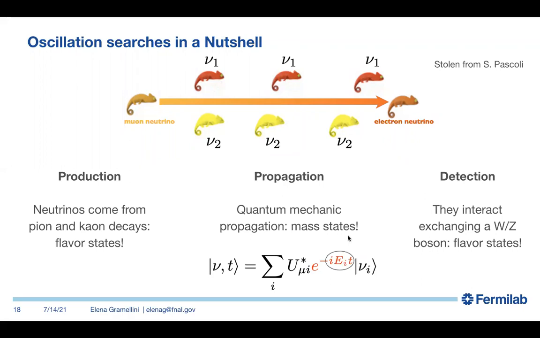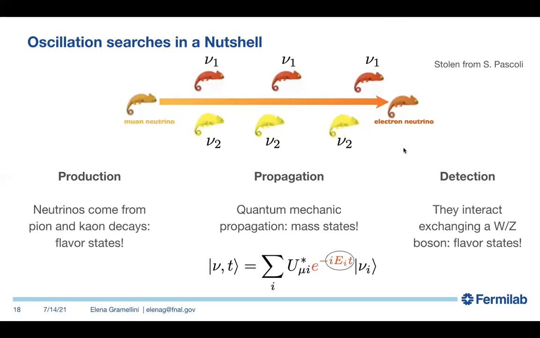We always say that neutrinos are the first evidence of physics beyond the standard model, because in the standard model neutrinos didn't have a mass, they were massless. If the oscillations are real, and we have overwhelming evidence that they are, then neutrinos have masses because they propagate through massive states: neutrinos 1, 2, and 3.